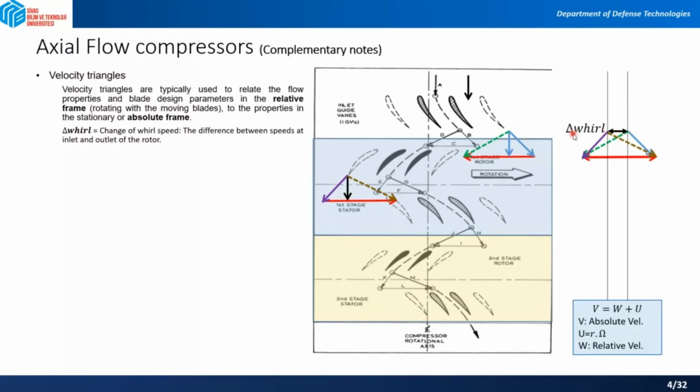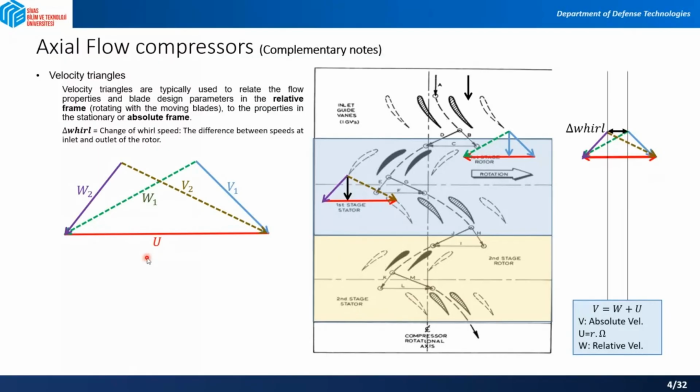This is what we call the change of the whirl speed. So the delta whirl, or change of the whirl speed, is the difference between speeds at inlet and outlet of the rotor. So let's look at these two triangles in much more detail.